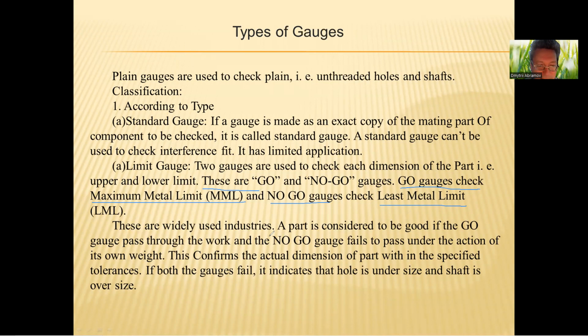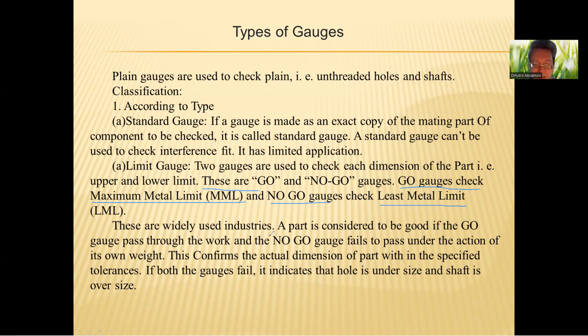These are widely used in industries. A part is considered to be good if the go gauge passes through the work and the no-go gauge fails to pass under the action of its own weight. This confirms the actual dimension of the part is within the specified tolerances.